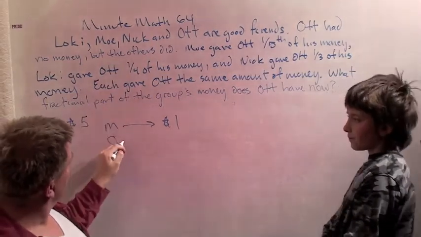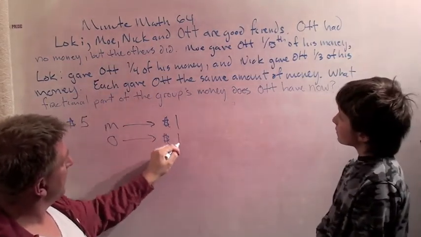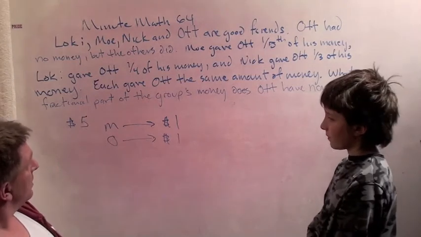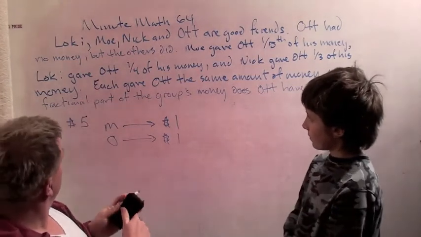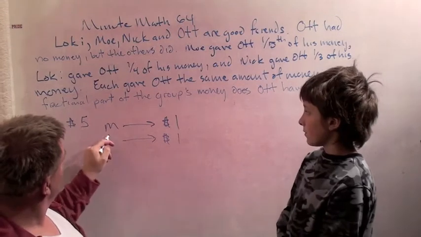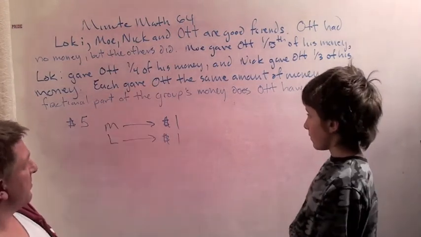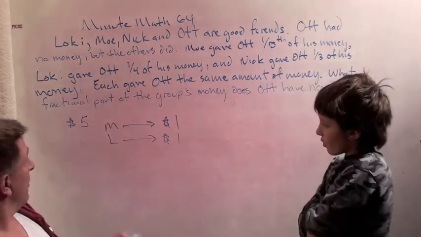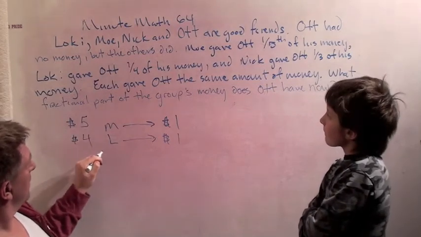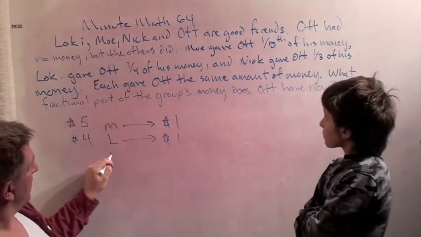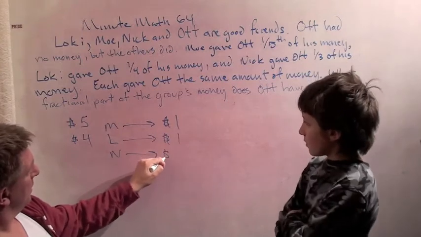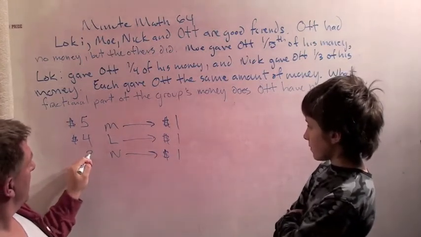Loki gave $1, which was 1/4 of his money. So Loki had $4. Nick gave 1/3 of his money, which was $1. So he had $3.